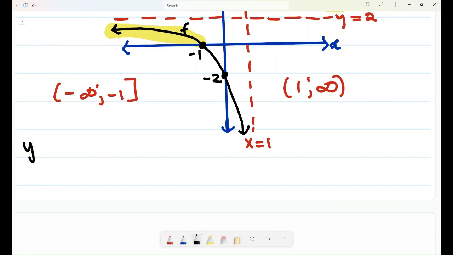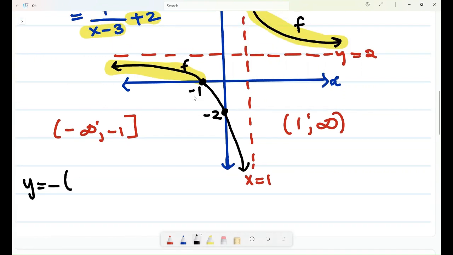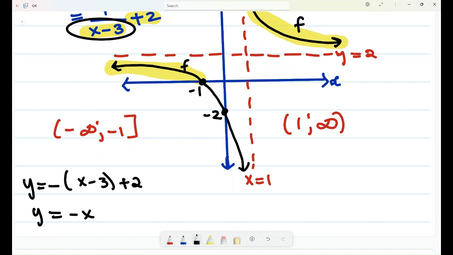I'm going to say y is equal to negative, all right, they said with a negative gradient, then I take this part first, x minus 3, then plus 2. Then you can now solve your mathematics. Negative by negative is positive. This is your equation.